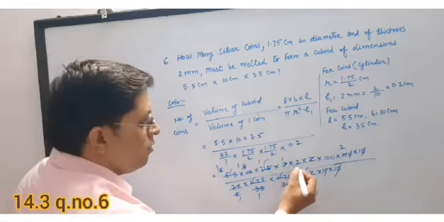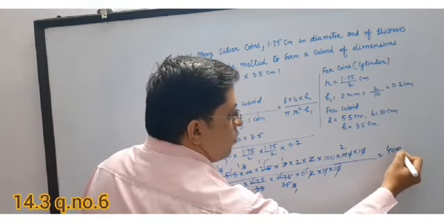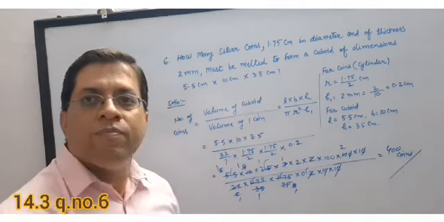What is remaining? 2 into 2 into 100, this is 400 coins. You can make it with the help of that.